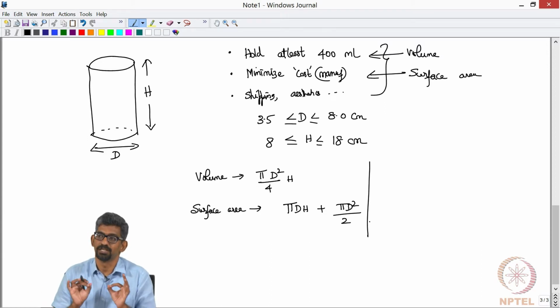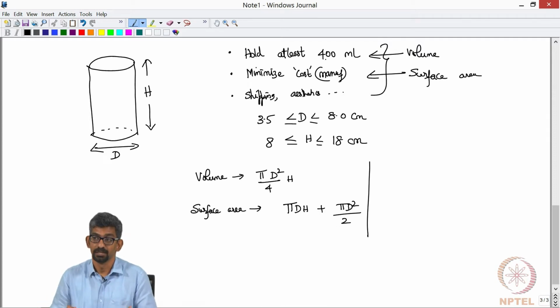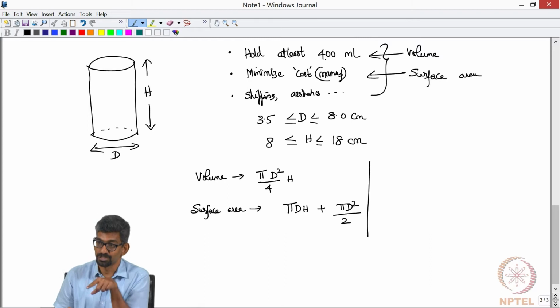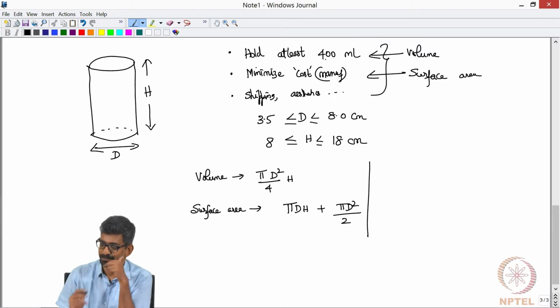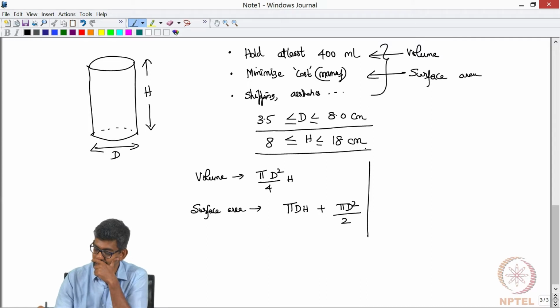So, now which one will I choose? That is called your criteria. What is your criteria in this particular case? It says you want to minimize your cost, which is your goal primarily, and it should hold at least 400 ml. There could be multiple solutions also, as we just pointed out, but it is also governed by this requirement.